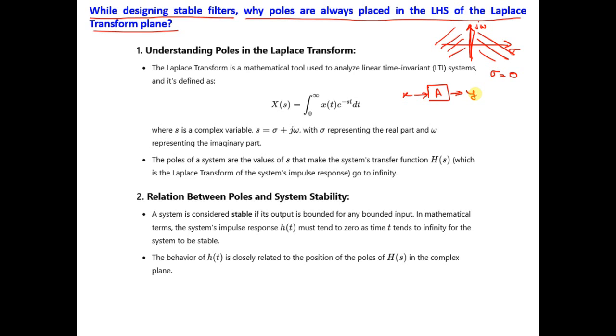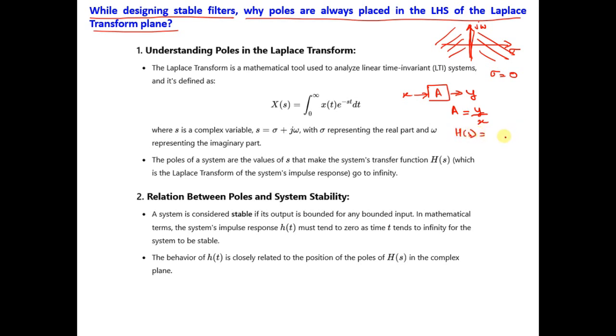The gain of the system is given by Y by X, that is V0 by Vin, where V0 is Y and Vin is X. A is the gain.